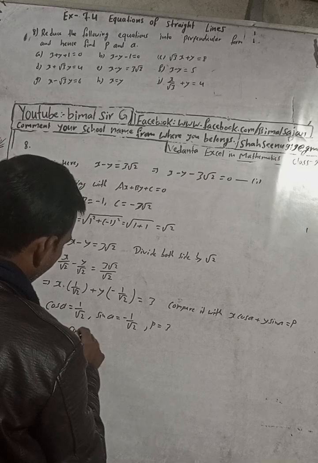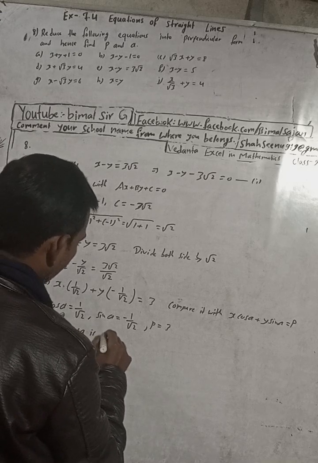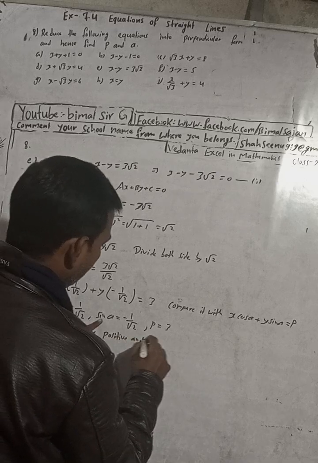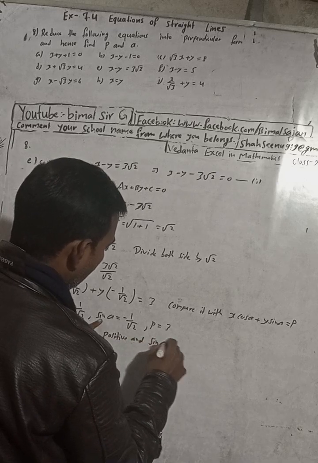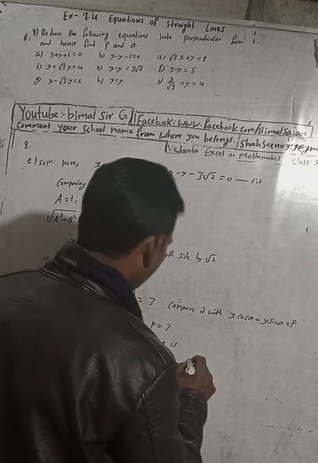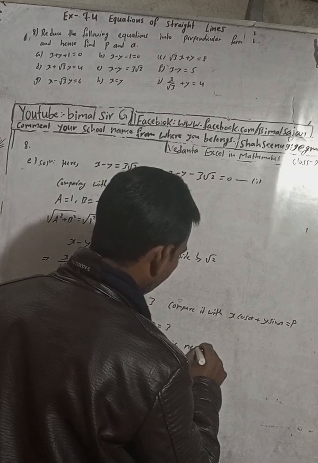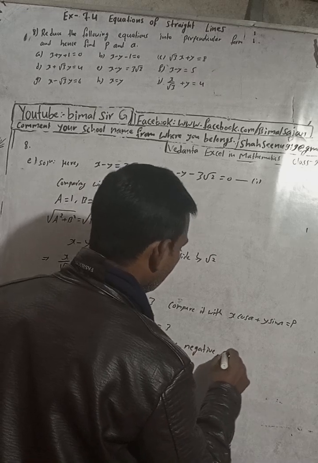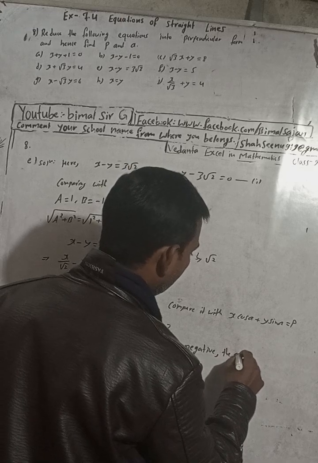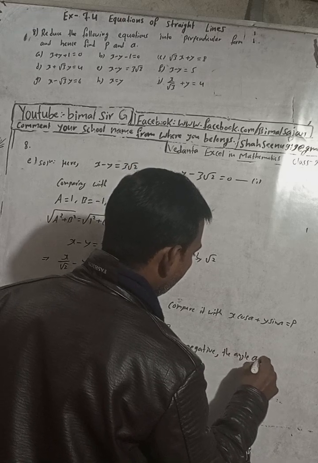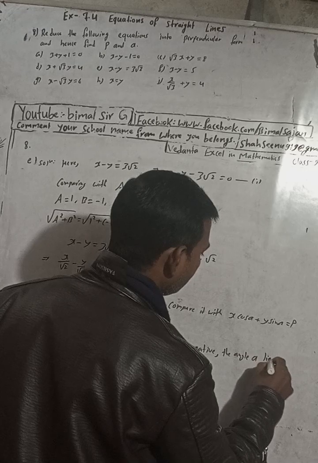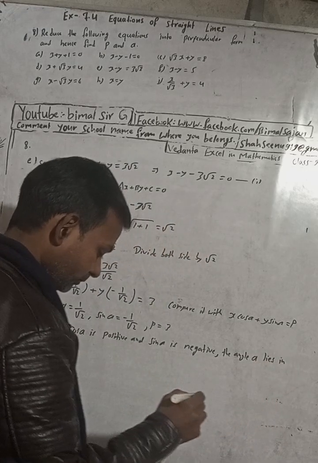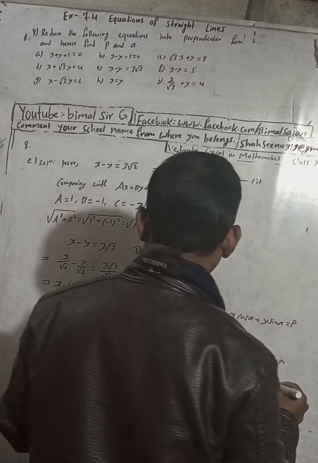Now since cos alpha is positive and sin alpha is negative, the angle alpha lies in which quadrant?